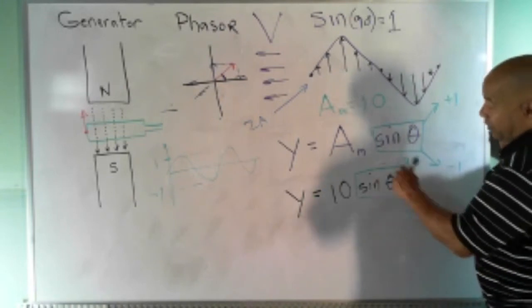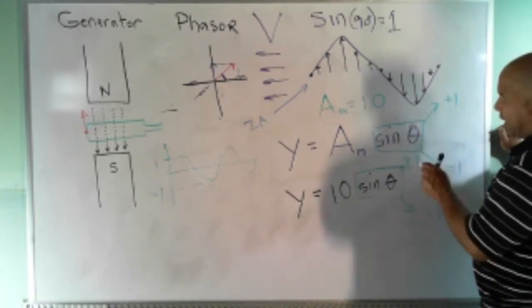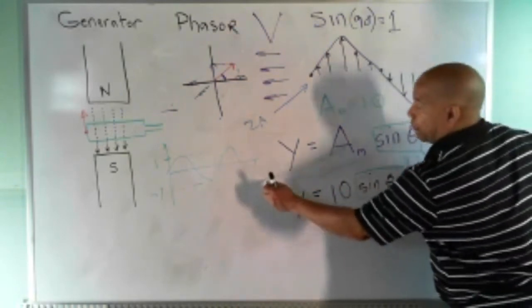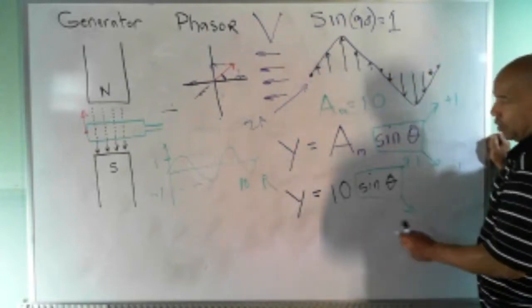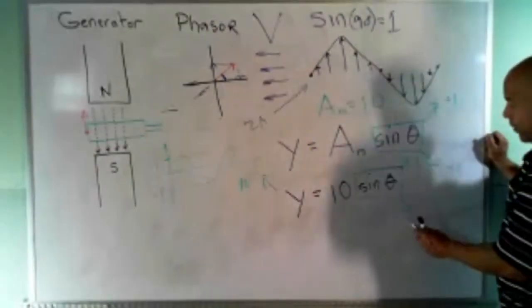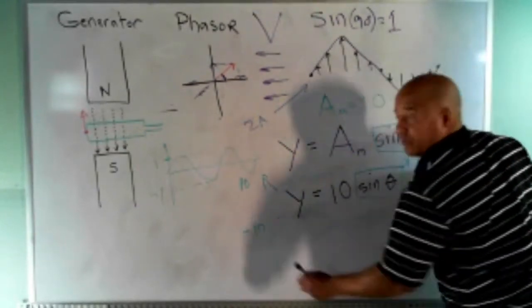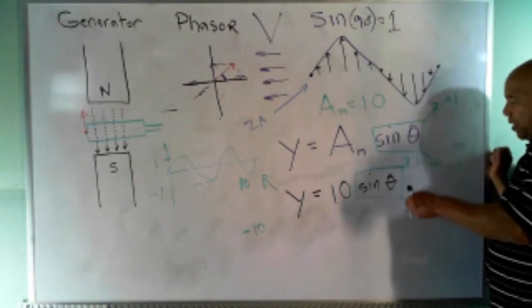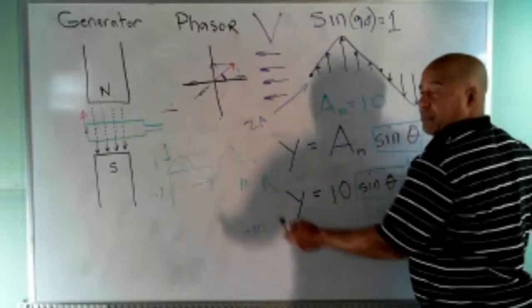But whatever this is, I'm multiplying it by 10. So when the sine wave is at its highest point, 1, I multiply that 1 times 10, and my output over here will be 10. When the sine swings to the lowest point, which is -1, I get -1 times 10, and my output over here is -10. So now the sine function oscillates between 1 and -1, but the actual output oscillates between 10 and -10.